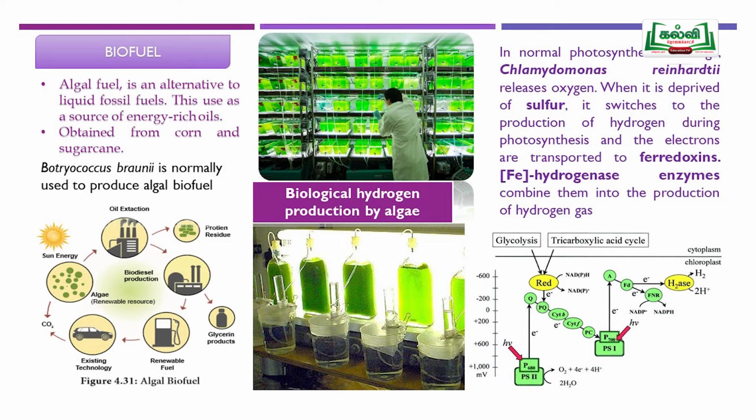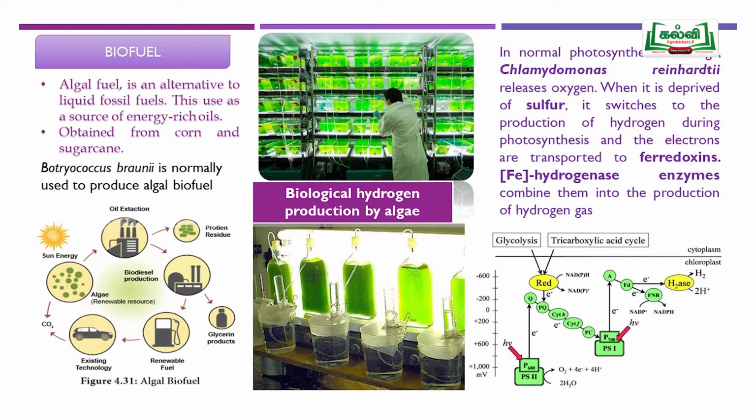From this algae we may produce more biofuels, and especially corn and sugar cane substrates we may use for the production of biofuel. This biofuel we may use in the glycerin industry, renewable fuel, oil extraction, biodiesel production. All those things we may use this biofuel for.